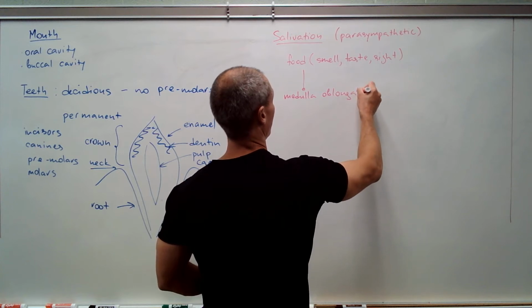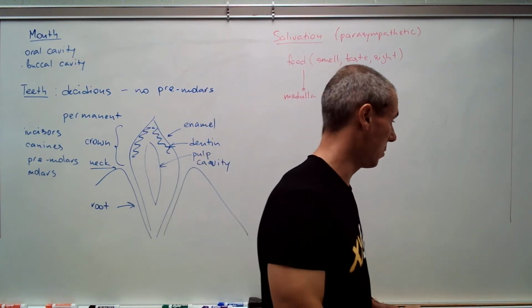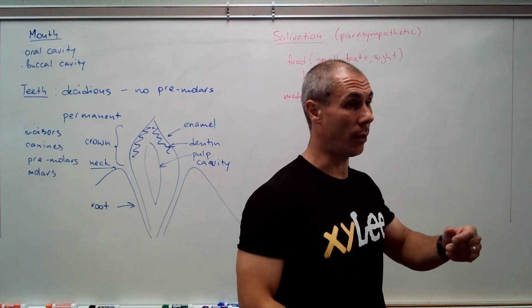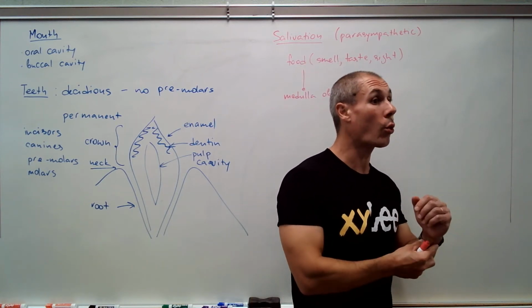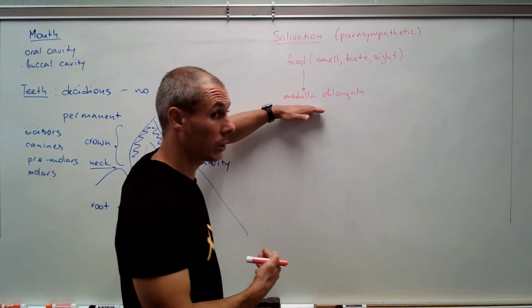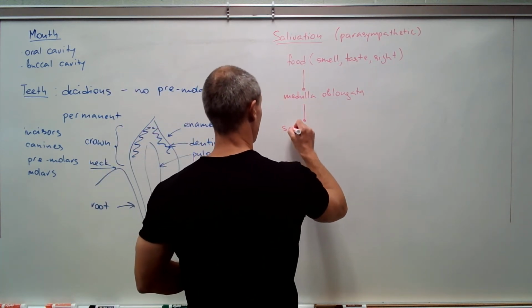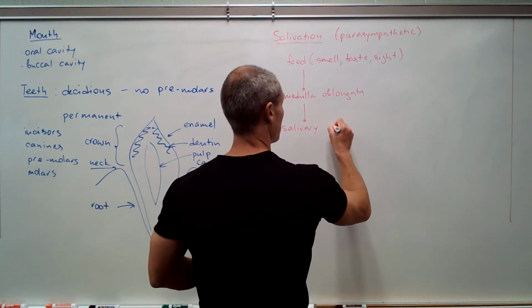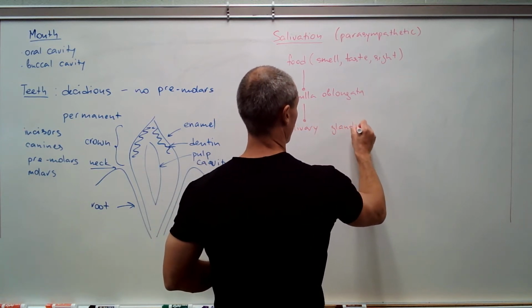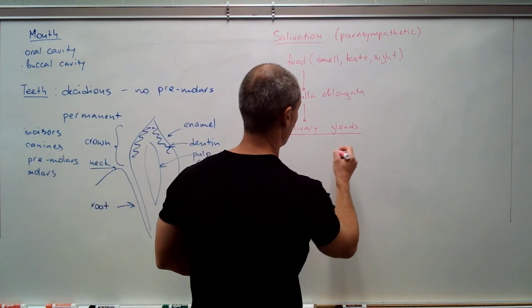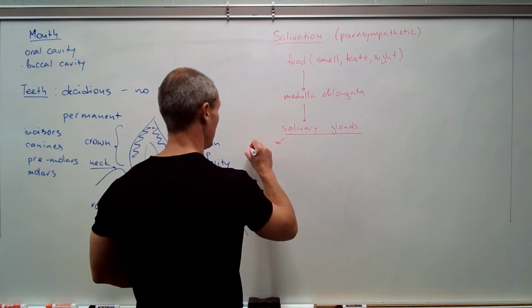So that signal goes to the medulla. Now, obviously, if you are thinking about the food, then the signal goes from your cortex to the medulla, but it all comes to the medulla. And the medulla stimulates salivary glands. Okay? So, salivary glands can be intrinsic.